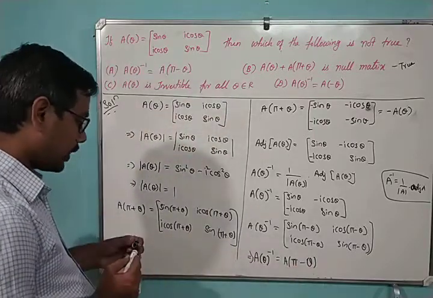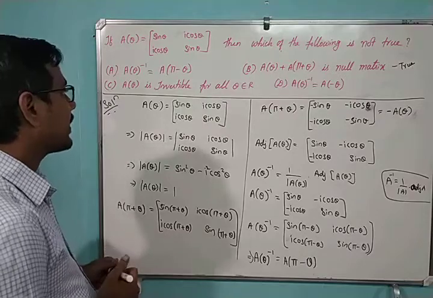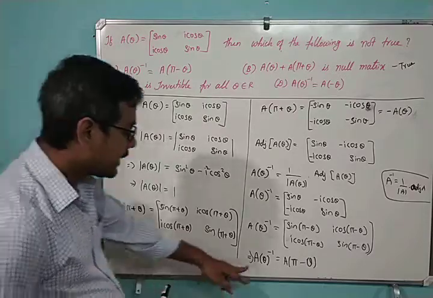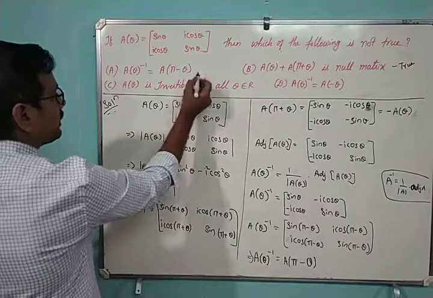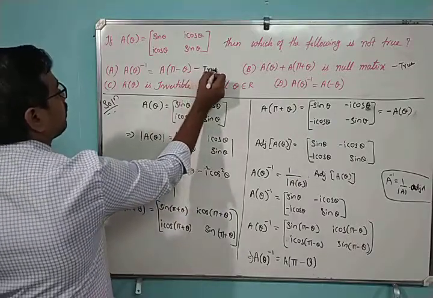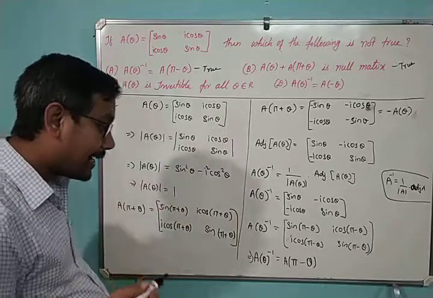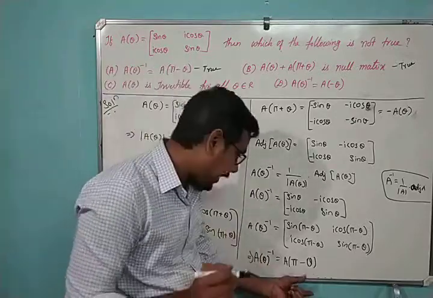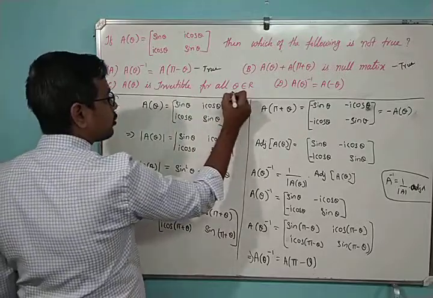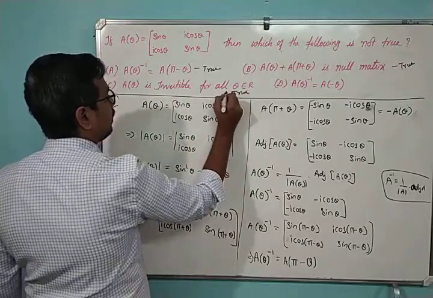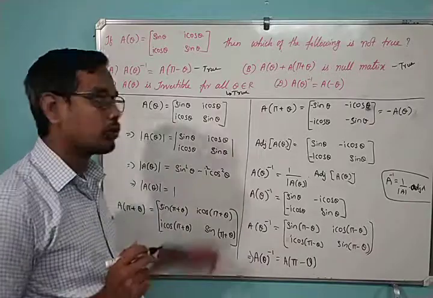A of theta whole inverse is A of pi minus theta. Now you can see A theta inverse we got as A of pi minus theta, so that is true. And as A of theta inverse has some value, it exists. This is also true.